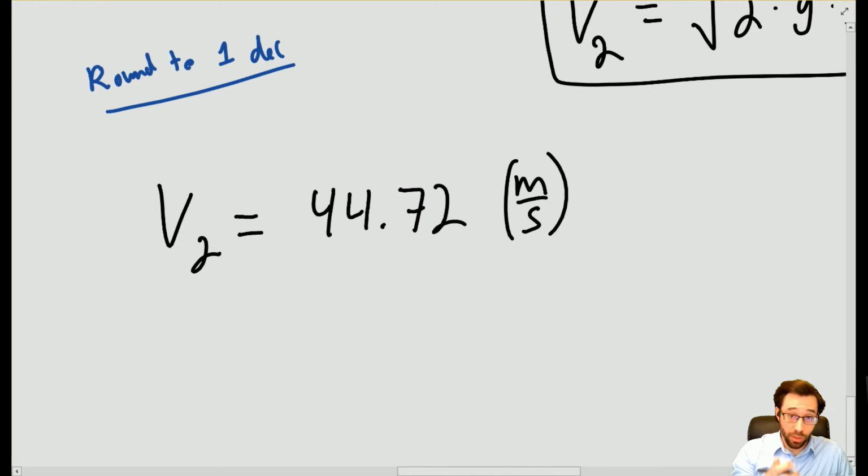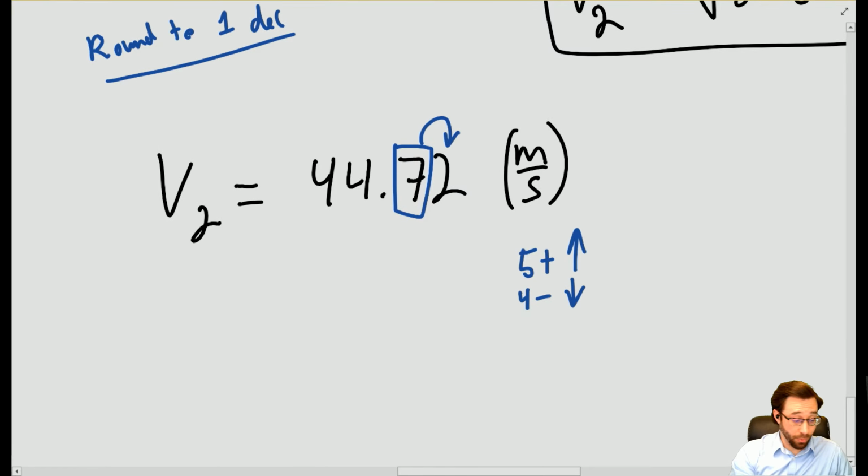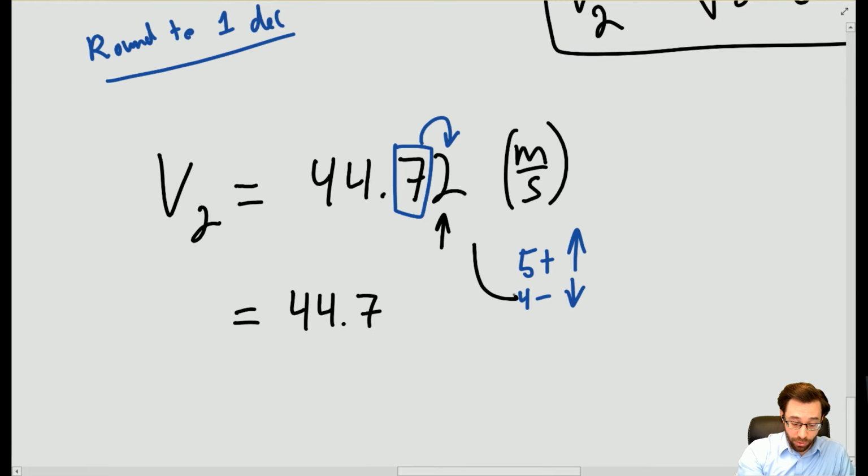And in order to determine that, I look at this value and then the one right next to it. If it is a 5 or above, I'm going to round up. So that 7 now becomes an 8. But if it is a 4 or below, I'm going to round down and keep it a 7. So if I'm rounding to 1 decimal point, the answer I should get is 44.7, because this is a 2 that is below 4, so I'm going to round down.